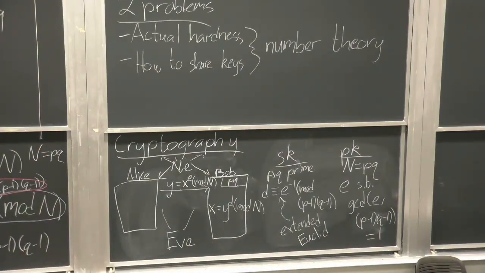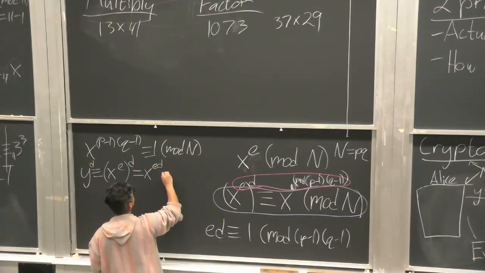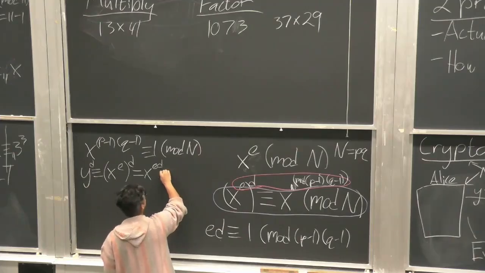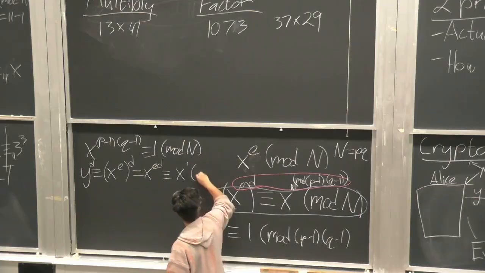So again, we have y to the d, which is x to the e to the d. So now we have x to the ed. And what we want to claim is that this is x to the 1, mod n.